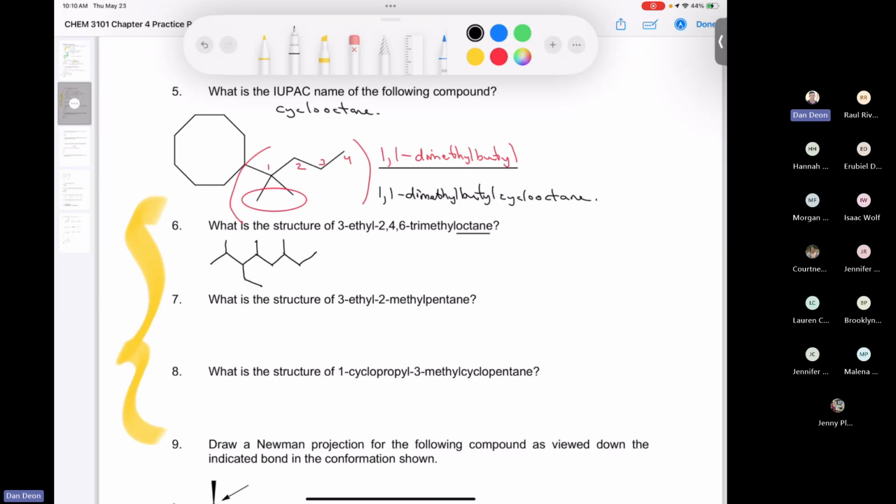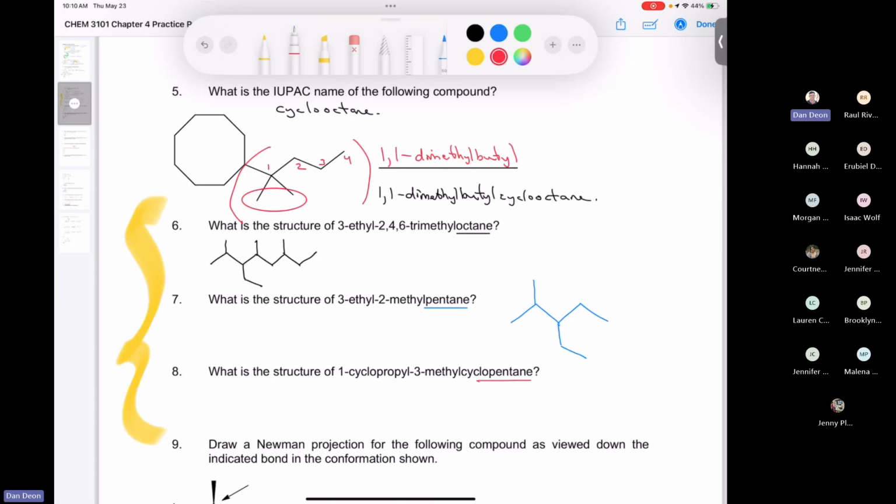The next one is 3-ethyl-2-methylpentane. So again, the longest chain, the parent, has 5 carbons. So 1, 2, 3, 4, 5. On carbon 3, we have an ethyl group. Looks something like that. And on carbon 2, we have a methyl group. There you go, done. And the next one is 1-cyclopropyl 3-methyl-cyclopentane. So this one, the parent is cyclopentane.